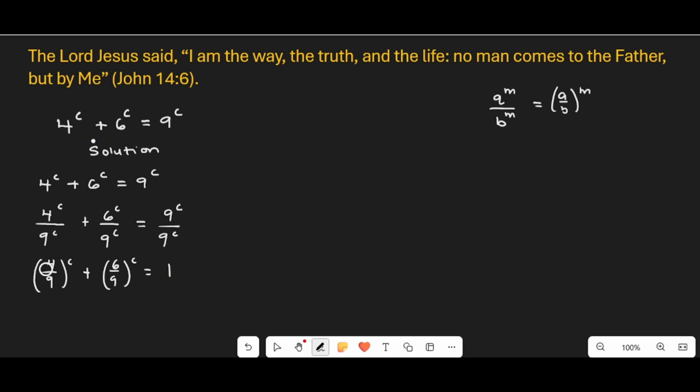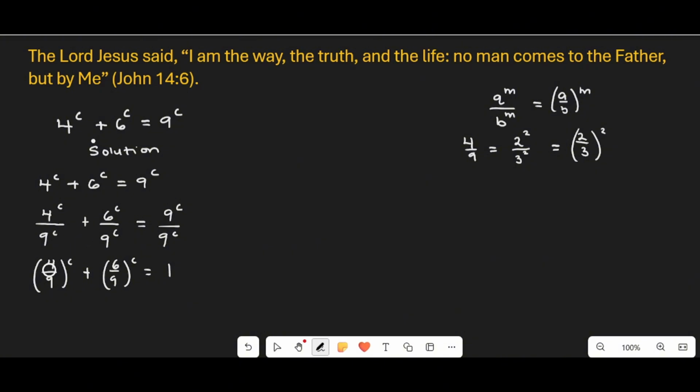Now let us rewrite 4 over 9. 4 over 9 is equal to 2 raised to power 2 over 3 raised to power 2, which is equal to, whenever we have the same exponent, it can be written as 2 over 3 all raised to power 2.